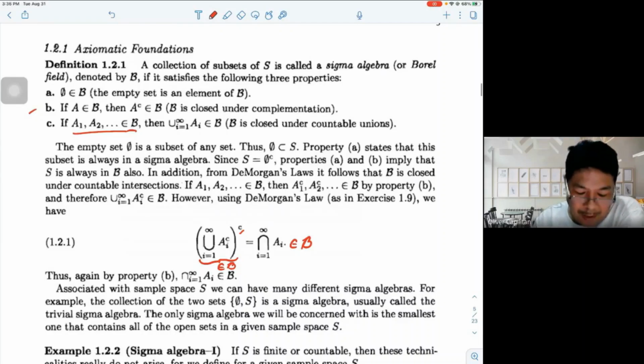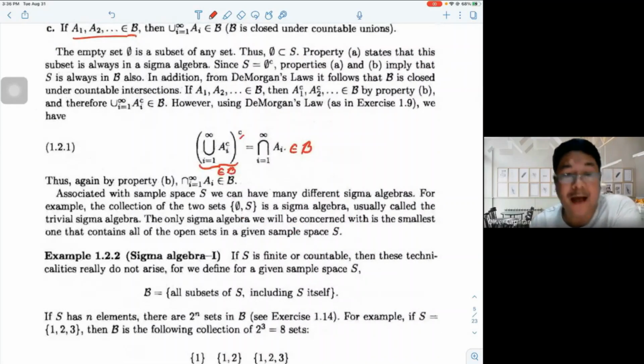So associated with the sample space S, we can have many different sigma algebras. Provided that we have our sample space S, we can have a collection of subsets or events of S that will form a sigma algebra.